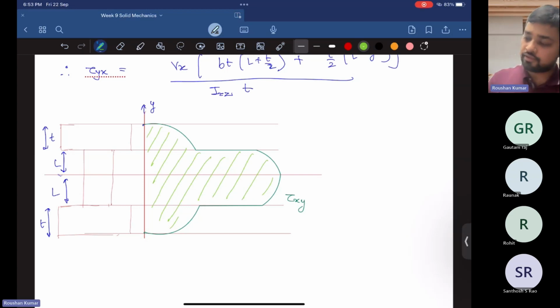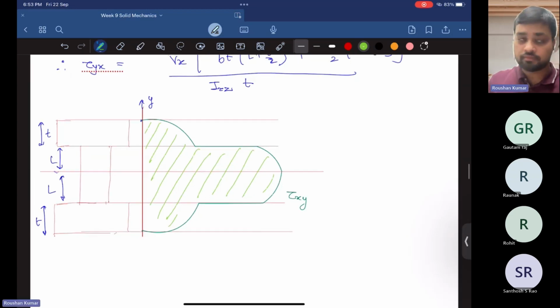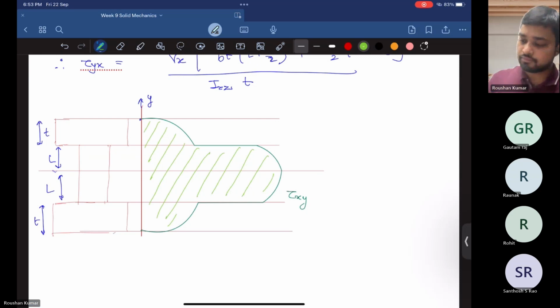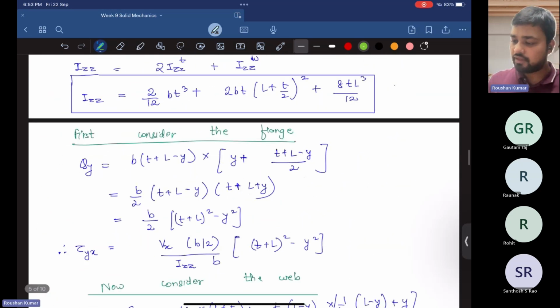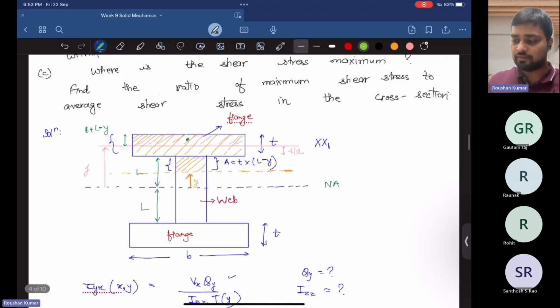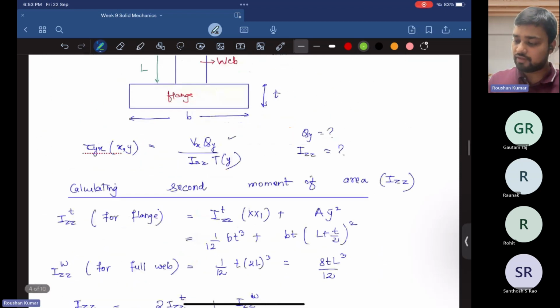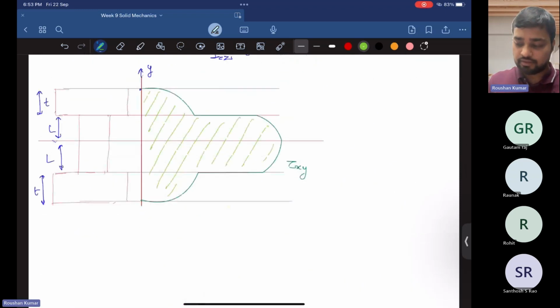Now the next question. We also have the third part of this question, that is, where is the shear stress maximum? So you can see from this figure that shear stress is maximum at the center, that is at the neutral axis.